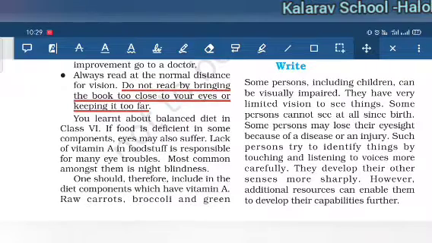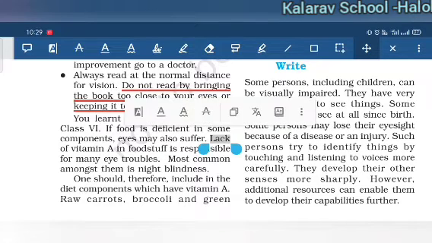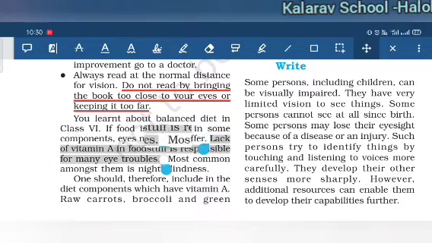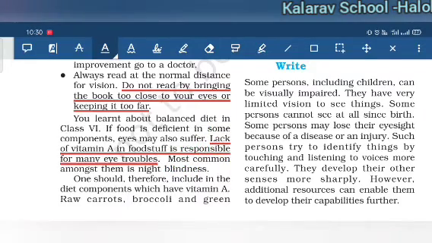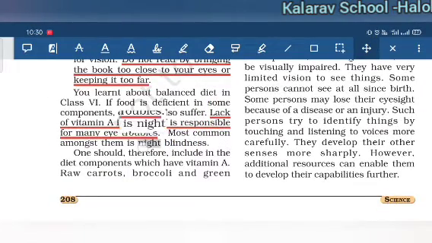You have to take a balanced diet, so that deficiency of any food items may not cause any deficiency in the eyes. Your eyes may also suffer if there is any deficiency of food items. Firstly, the lack of vitamin A is responsible for eye troubles. It may cause night blindness.